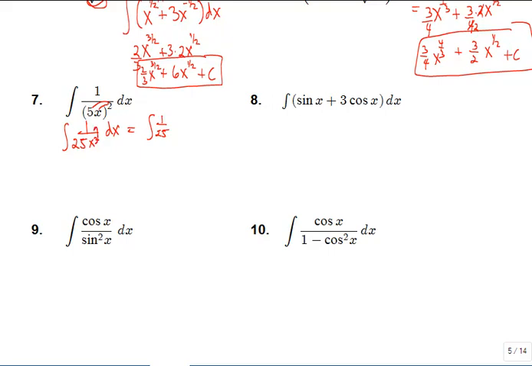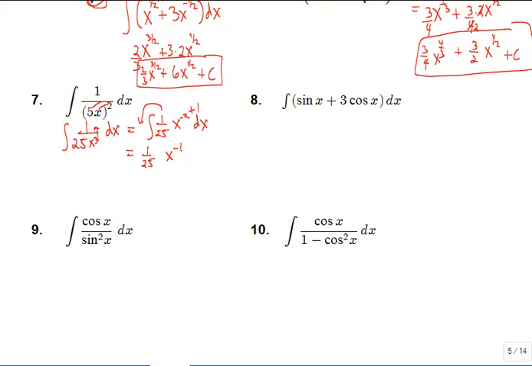And if I move that x up, it just becomes an x to the negative 2. Now that 1/25th, you can either think of pulling that out or just leaving it where it is, because it's not going to go anywhere. It's a constant multiplier. And then when I take x to the negative 2 and I integrate it, I'm adding 1 to the power, so it becomes a negative 1.